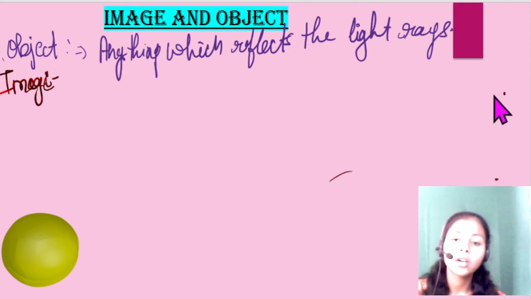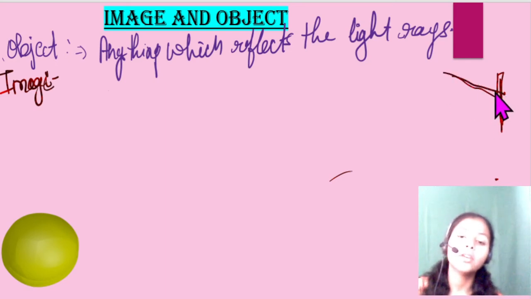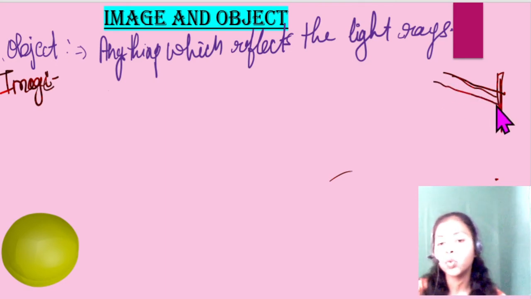So here, this is our surface. From this point a light ray is coming. From this point a light ray is coming. We have to consider only two light rays.